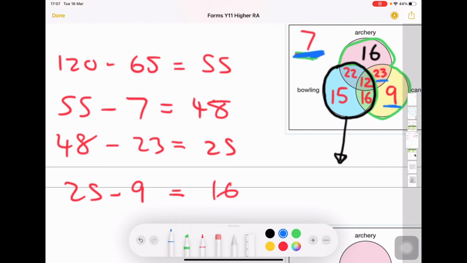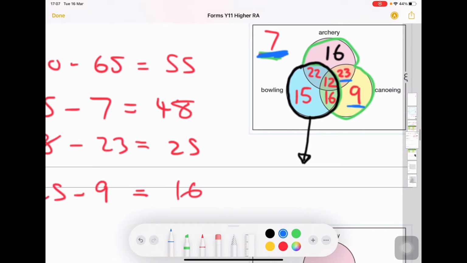Well, we can see that these guys, 12 plus 16, these 28 people did canoeing. So I'll write here, probability that they did canoeing, given that they did bowling, is the probability of them doing canoeing and bowling divided by the probability of them doing bowling.